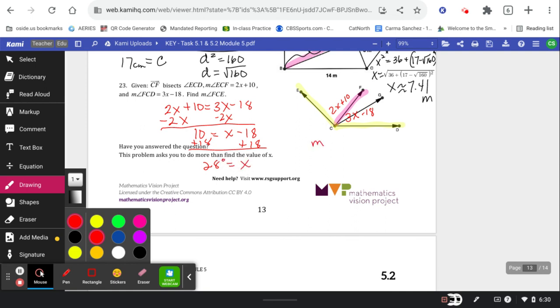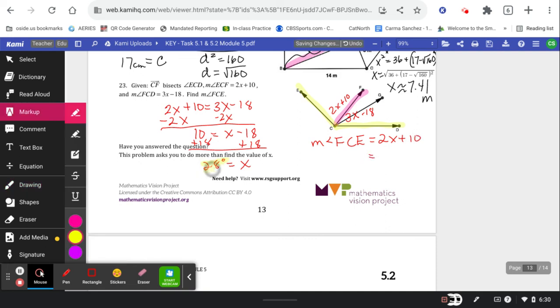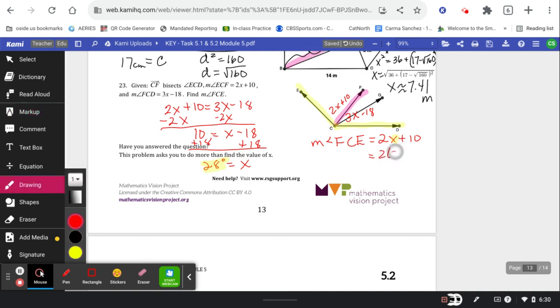So now to find the measure of angle FCE, I take that 2x plus 10, and I plug in what I just got here, 28, right here for x. 28 times 2 is 56. So 66 degrees is our answer.